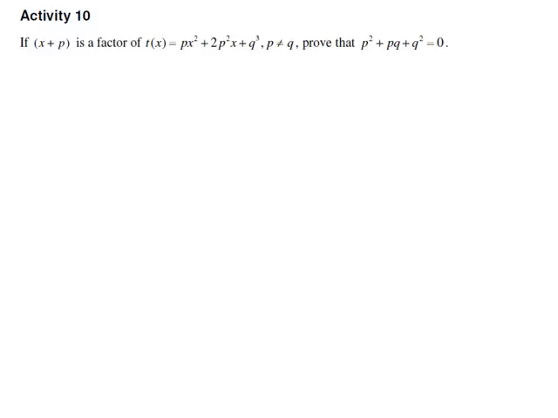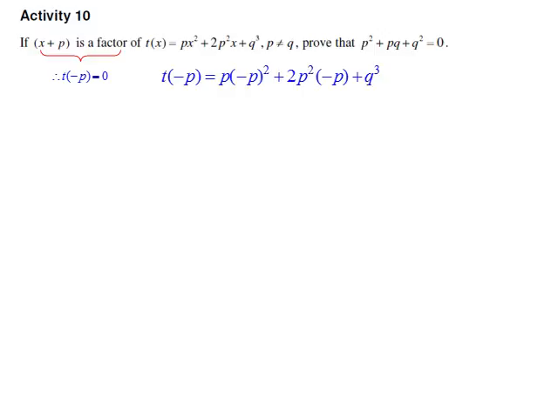In activity 10, we're asked to prove that if x plus p is a factor of t(x) and p is not equal to q, prove that p squared plus pq plus q squared equals 0. So if we're told that x plus p is a factor of t(x), then it means that t(minus p) is equal to 0.